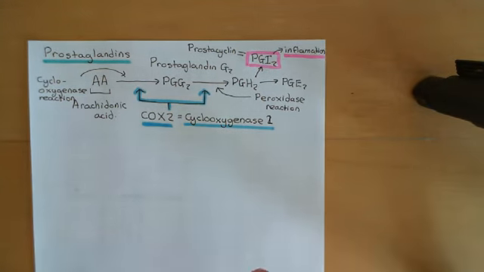But the one that's of interest for us, studying the pain component of inflammation, is prostaglandin E2. This is major in causing pain. So let's now have a look at what the mechanisms are by which prostaglandin E2 causes both the sensitization of nociceptors and that tonic firing in C fibers, how it contributes to both of these things.